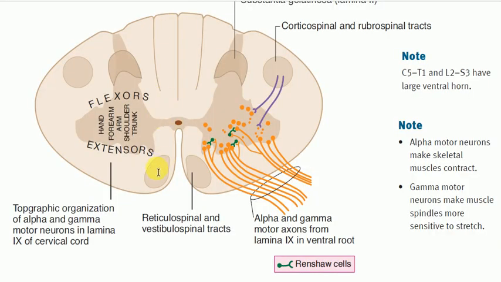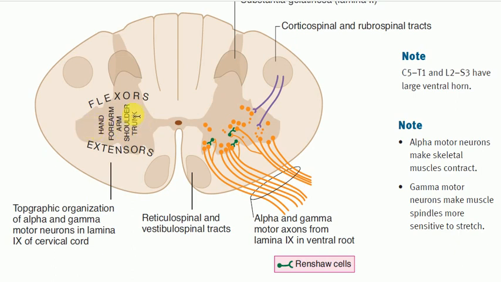And one last thing about the ventral horn is that the alpha motor neurons are not distributed randomly inside the ventral horn. This diagram shows that there is a precise topography and distribution of the alpha motor neurons present within the ventral horn. If you go from the medial side to the lateral side, there is a proximal to distal gradient of distribution.